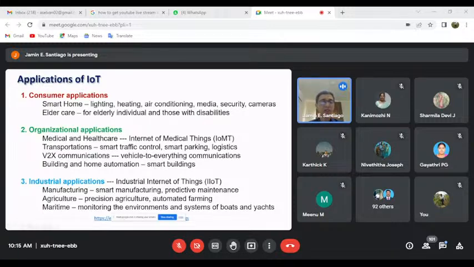Now, what are the examples? In smart manufacturing, which is, of course, what we think of when we think of industrial Internet of Things, smart manufacturing essentially means that we manufacture a device according to the demand. Previously, before smart manufacturing, we were manufacturing products, even those exceeding the required inventory.